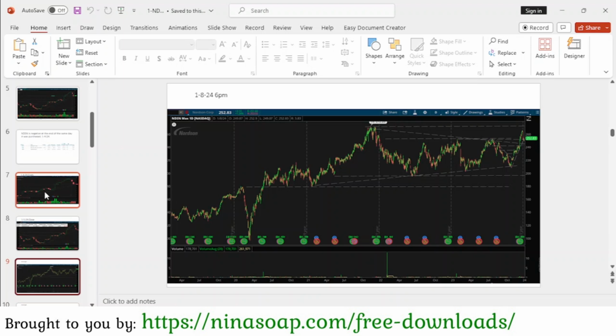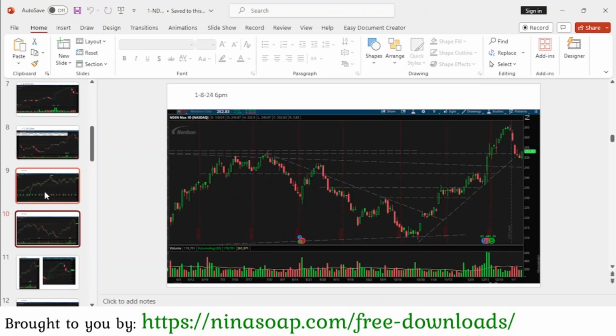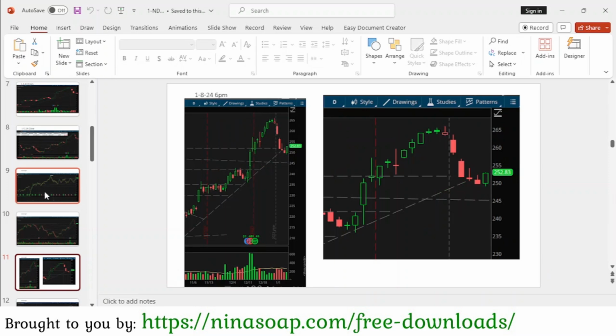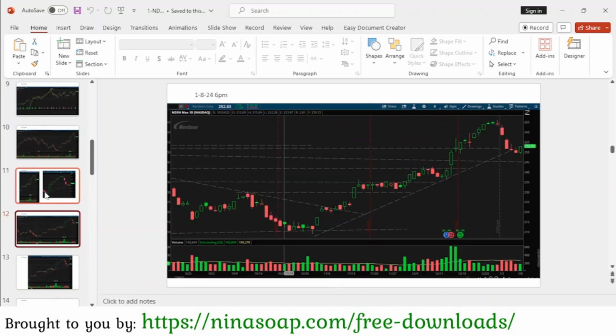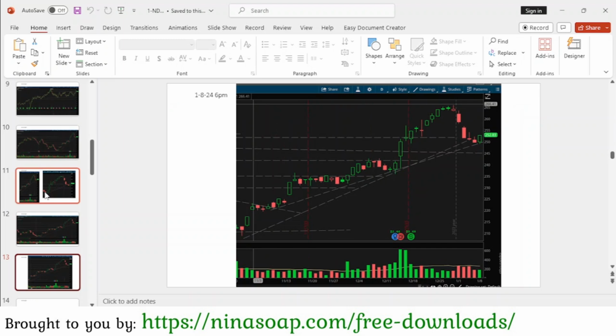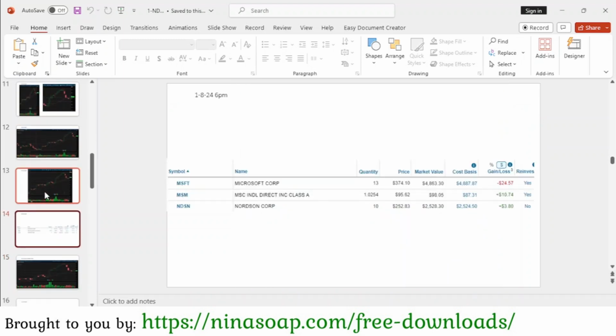On the 8th, we have that chart. It started going up. It's kind of small probably for you to see it, but I took a closer look. It started going up. That was the 8th, and NDS is $3.80.